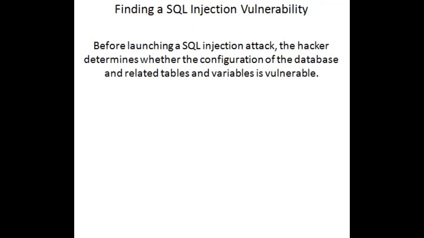Finding a SQL injection vulnerability. Before launching a SQL injection attack, the hacker determines whether the configuration of the database and related tables and variables is vulnerable. The steps to determine the SQL server's vulnerability are as follows. 1. Using your web browser, search for a website that uses a login page or other database input or query fields.